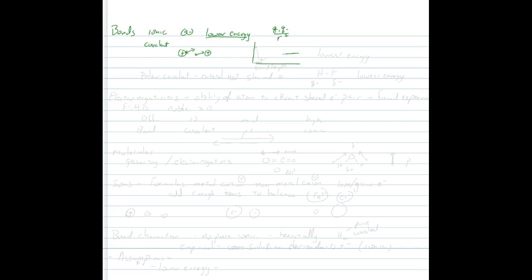Somewhere in the middle, there is an optimum lowering of energy. This would be your bond length. The distance from here to here would be the optimum distance where there is the most attraction, therefore lowest energy.